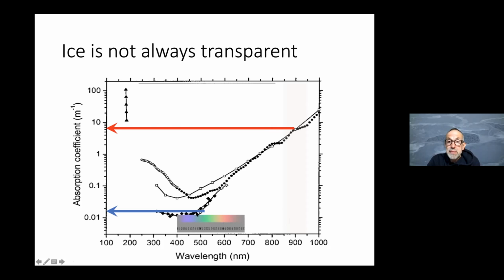Now, what does that mean? It means that ice is very transparent in what we see as visible light, but it's much less transparent in the near infrared. And we will use this property later when we try to see snow structure.